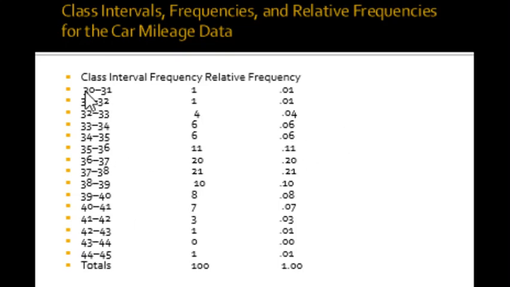The first interval is 30 through 31. All observations up to 31 go in this interval. Starting at 31 up to 32 go in the next interval. So we count the frequencies here. There are a total of 100 observations. 43 through 44 has 0 observations. That's what the frequency is.